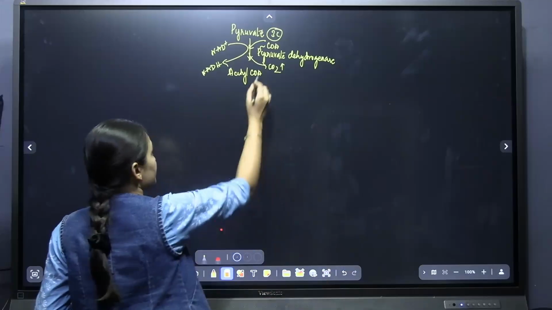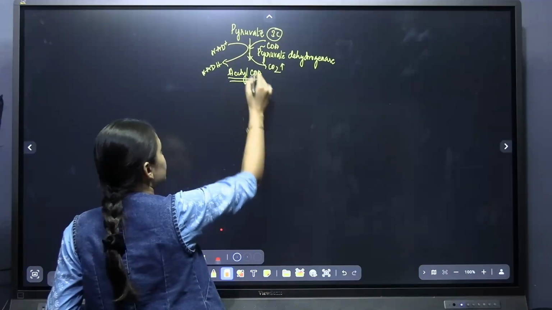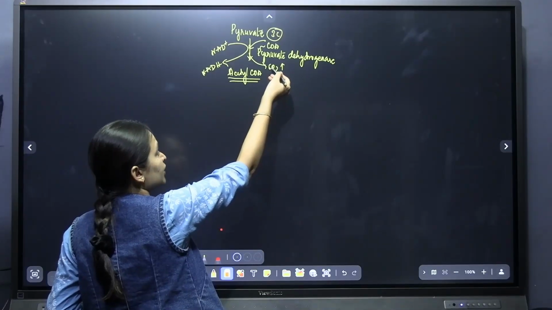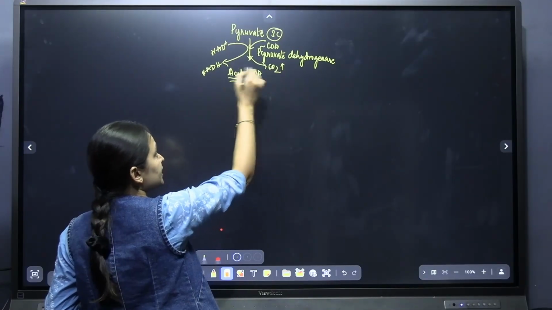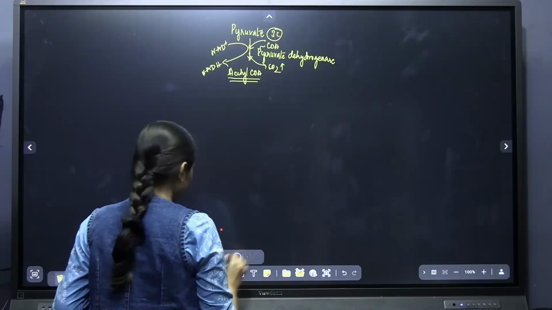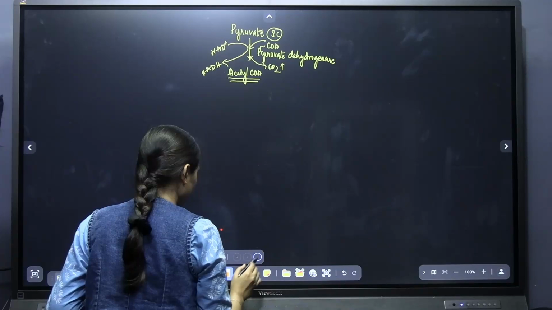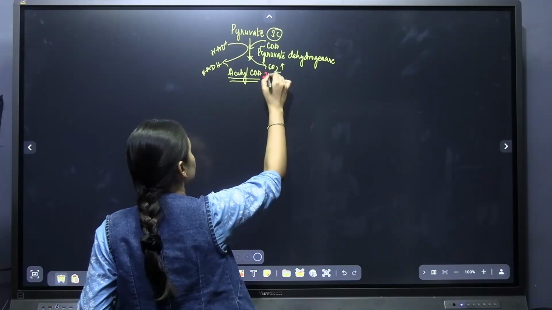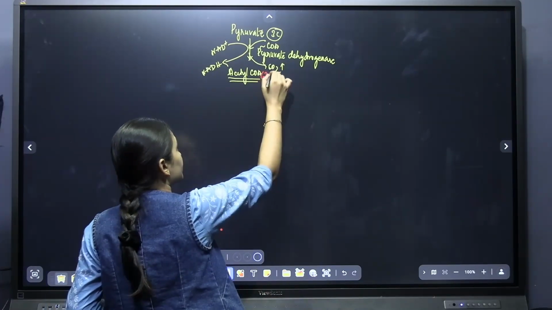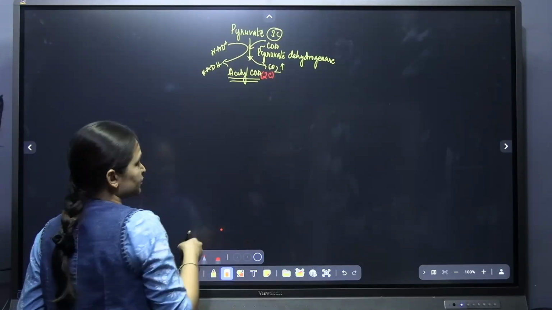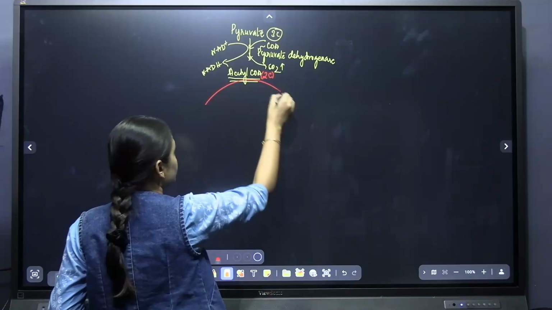Now when this is a 3 carbon compound, and one carbon has evolved as carbon dioxide, then acetyl CoA is how many carbon compound? It is a 2 carbon compound. Understood? This 2 carbon compound, acetyl CoA, now enters the Krebs cycle. How?